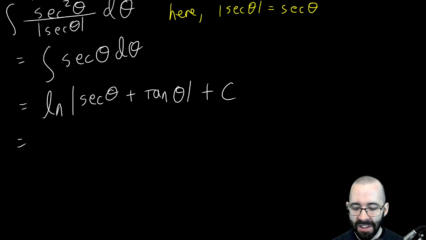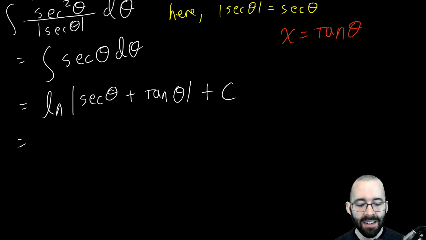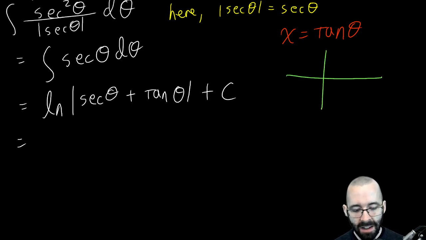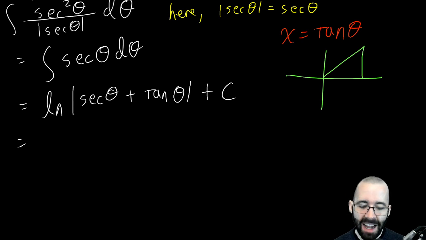And then, again, we have to put everything in terms of x. So remember, x was tangent of theta. Okay, so this part is just x. That's great. What's secant of theta? No clue. And again, it doesn't matter. We won't always have this.